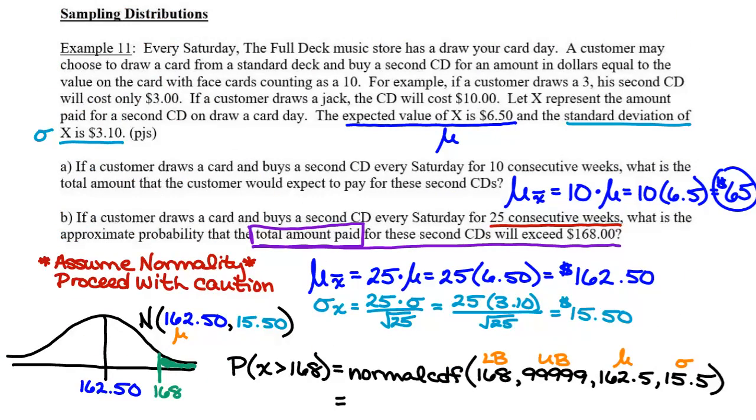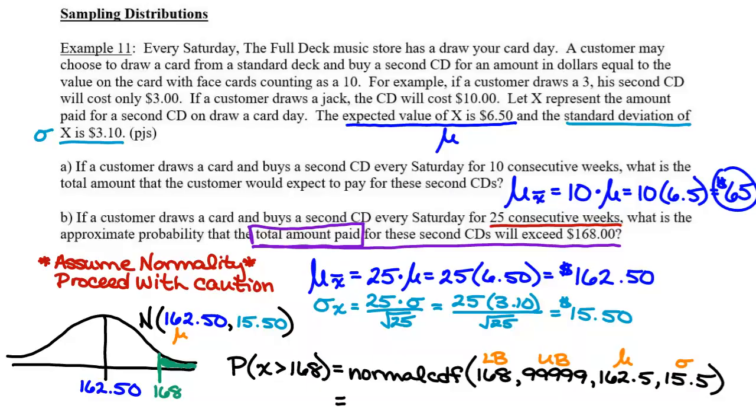So when we do normal CDF, we have the ability to determine which tail we're looking at. We can't do that with binomial or geometric. It always just gives us the left tail. So with binomial and geometric, if we want a greater than, we want a right tail, then we have to do 1 minus. But because we can put in the lower and the upper boundaries, and we can give it an upper boundary that's enormous, we can get the greater thans without having to do the complement. That's a great question.